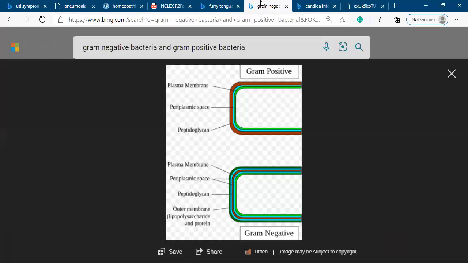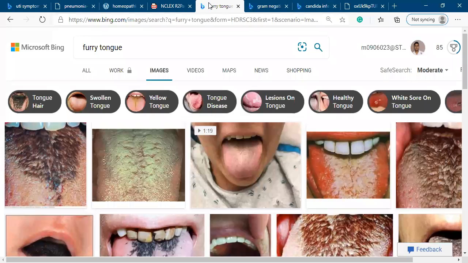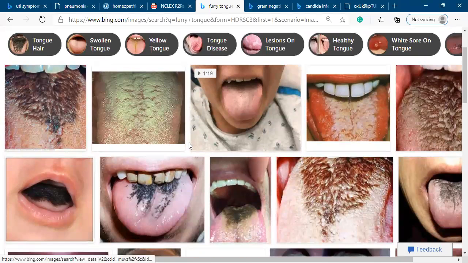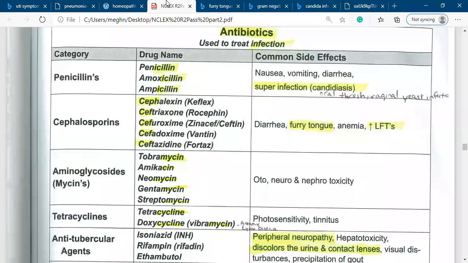And here we said another side effect of cephalosporin can cause furry tongue. Furry tongue means blackening in the tongue. So here we go. And also, if your patient takes the cephalosporin, always make sure the liver function test is important.